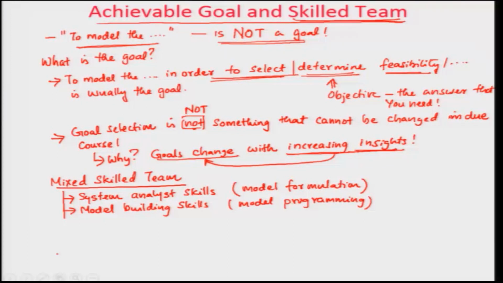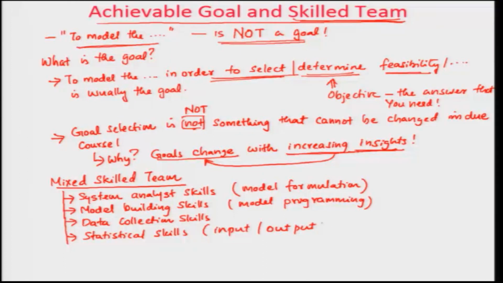Okay. Some other skill that you require is the data collection skills. You also require statistical skills, both for input and output data, for data analysis. Then you require management skills, to get everyone to move in the same direction, with the same set of goals.